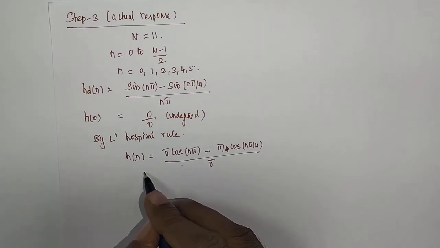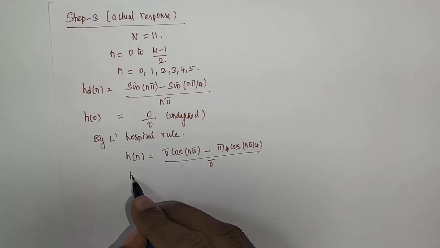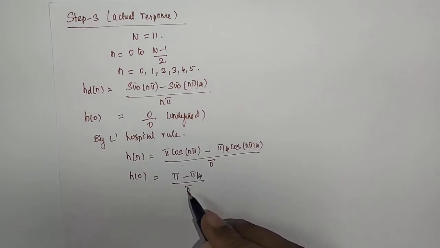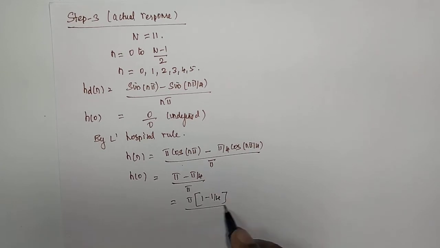So for this I am going to apply n is equal to 0. For n is equal to 0, cos 0 value is 1. So pi minus pi by 4 divided by pi, that is 1 minus 1 by 4, which is equal to 3 by 4. So the value 3 by 4 is equal to 0.75.